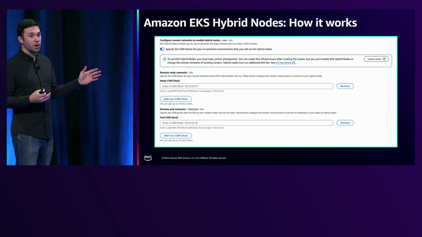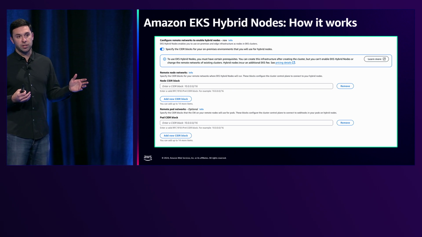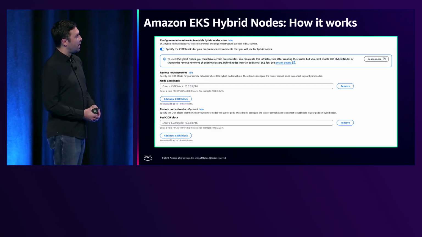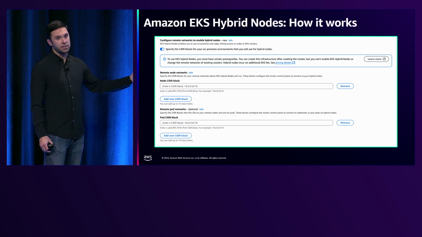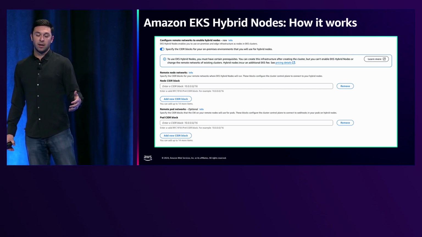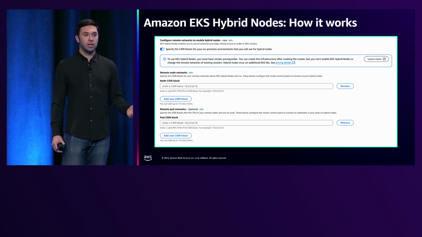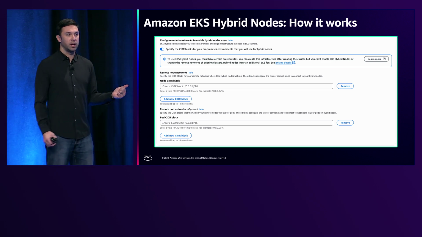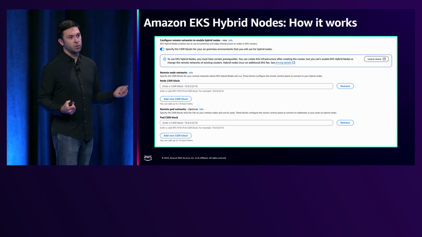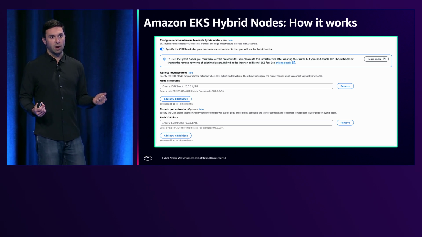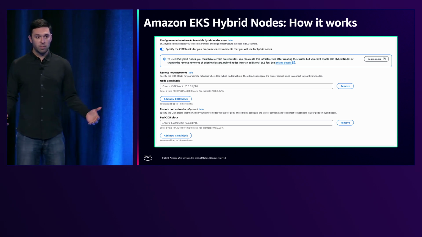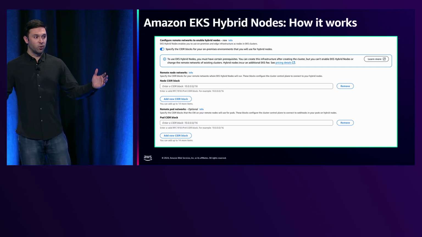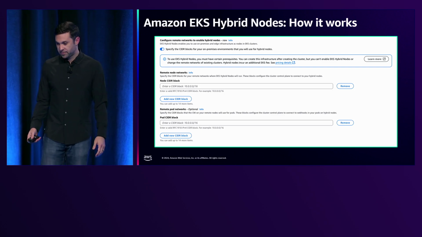The node network is used for Kubernetes operations like kubectl logs, kubectl exec, port forward, and the pod network here is optional but recommended. It's optional because it's really only needed if you're running webhooks on your hybrid nodes and the Kubernetes control plane needs to reach out directly to those webhooks that are running on your hybrid nodes. So if you aren't running webhooks, you don't have to enable this, but generally we recommend that because a whole lot of Kubernetes add-ons use webhooks.